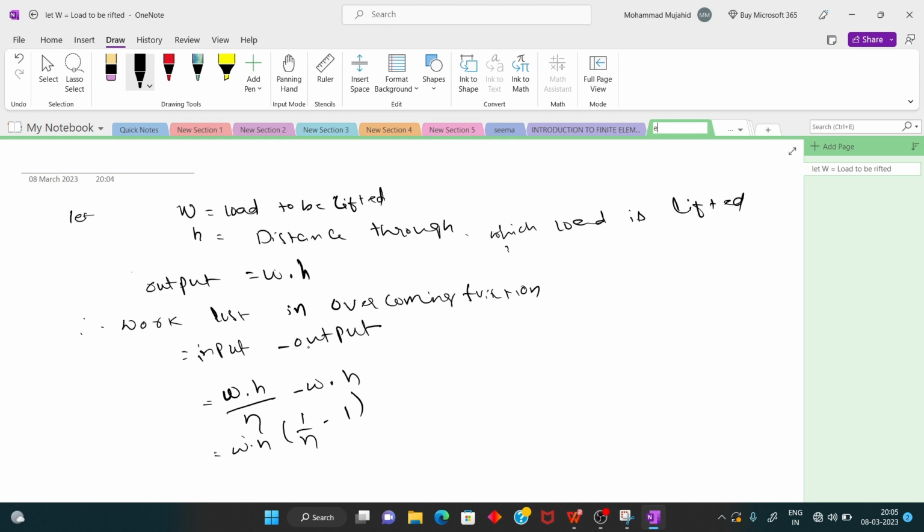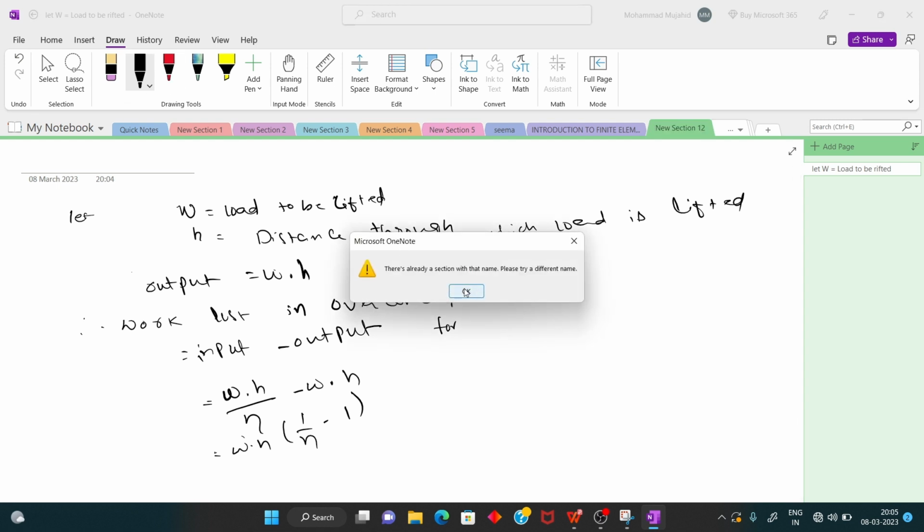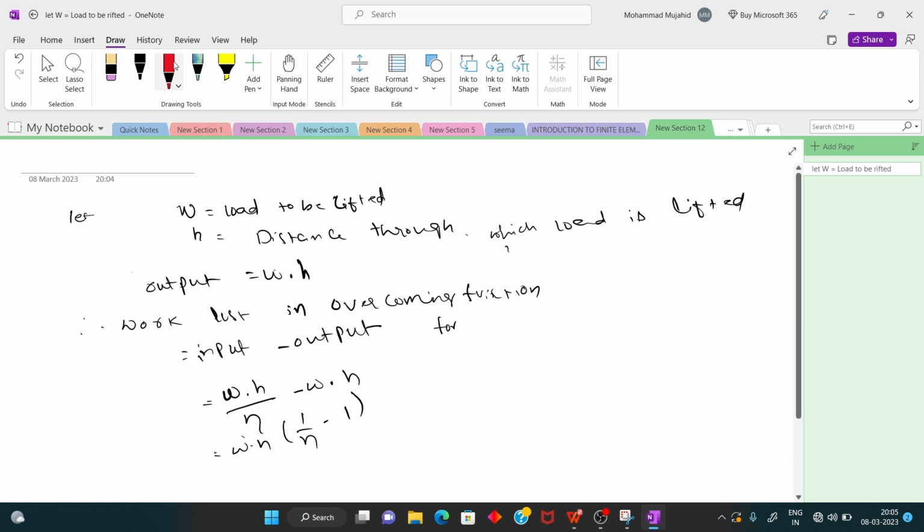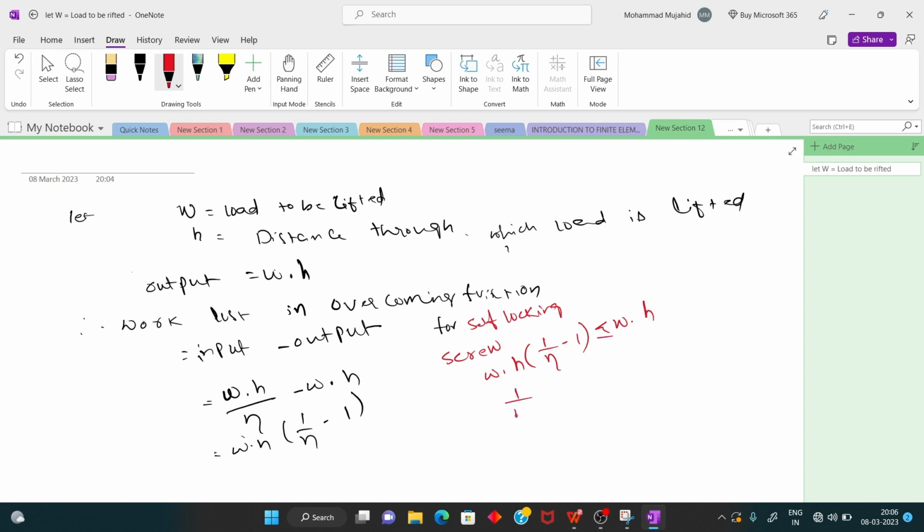So for a self-locking screw, W into H times (1 by efficiency minus 1) should be less than or equal to W into H. So 1 by efficiency minus 1 is less than or equal to 1.